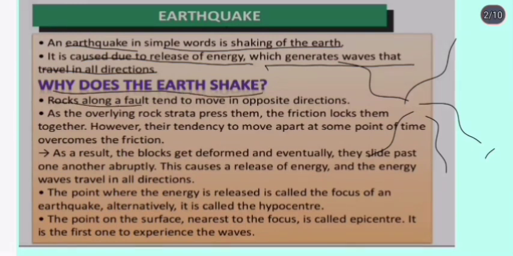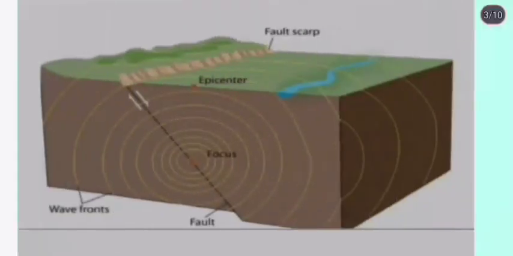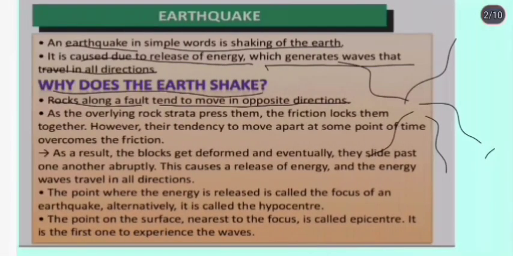Rocks along a fault tend to move in opposite directions. As we know, our earth consists of rocks in the lower portion of its interior. I will show this in the figure. When the rocks move in opposite directions, as the overlying rock strata press, the friction locks them together.